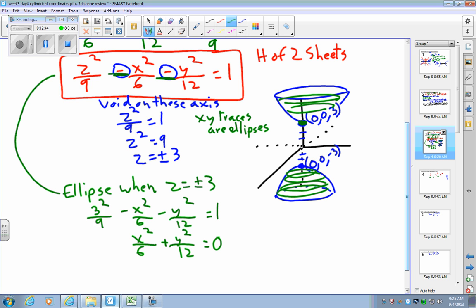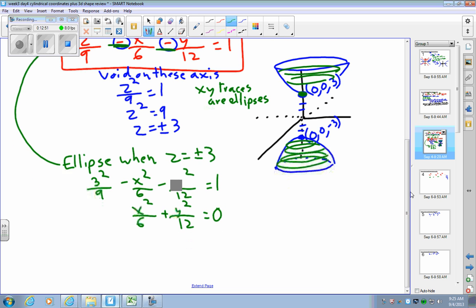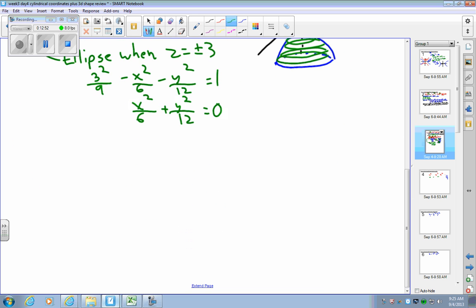Okay. What would be another good z value that could give me a bigger ellipse? So z squared over 9. What could be a nice one with z squared over 9? How about 6? Cool. Z equals 6. Let's try this one out. Again, plus or minus.